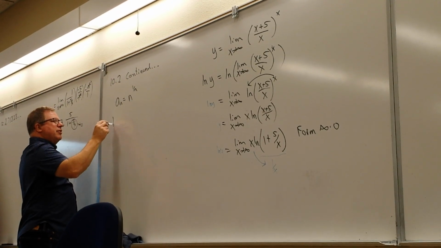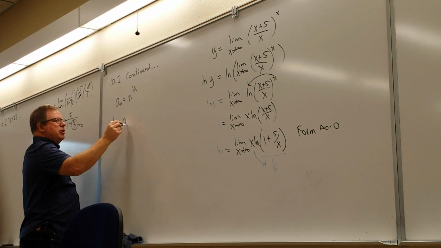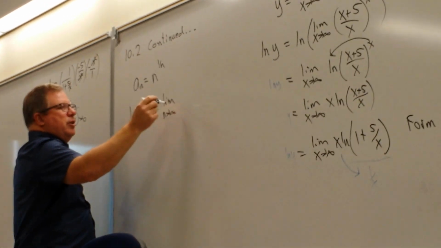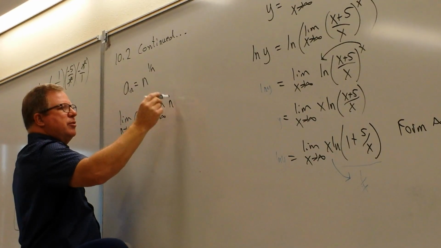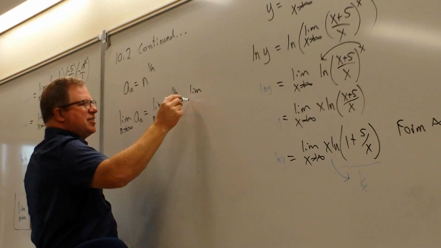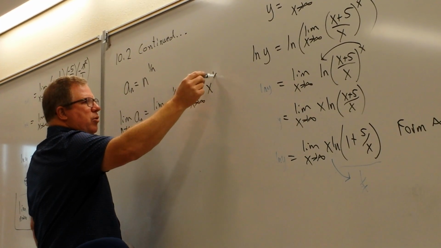So we want to find the limit as n goes to infinity of a sub n, which is the limit as n goes to infinity of n to the 1 over n, which will be equal to the limit as x goes to infinity of x to the 1 over x.